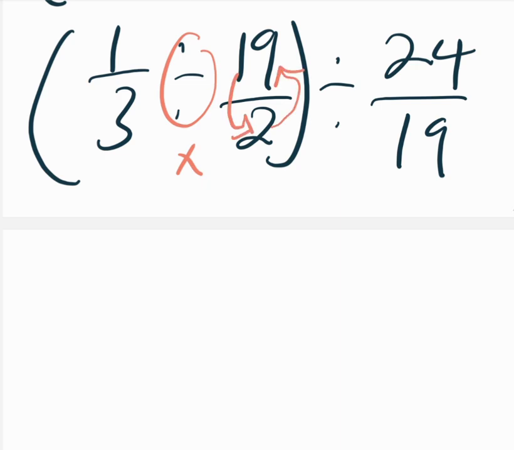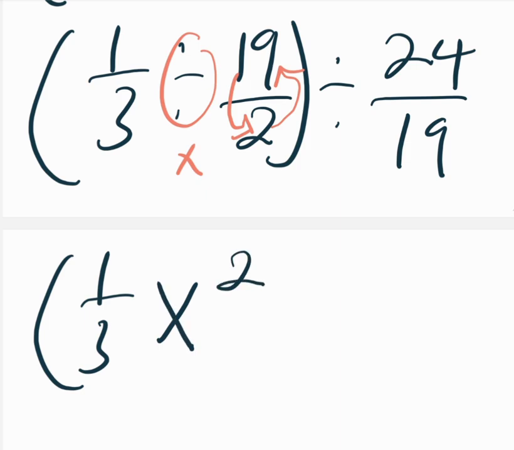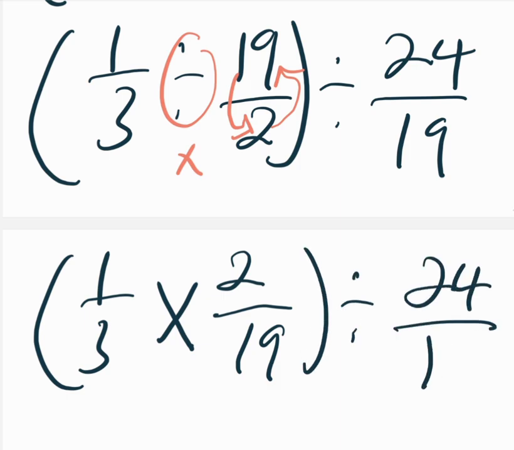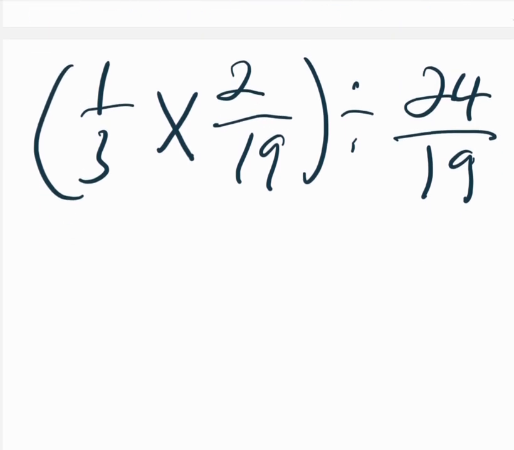So open a bracket, we have 1 over 3, multiplication sign, 2 at the top, which is the numerator, and 19 at the bottom, the denominator. Close the bracket, division sign, and you're going to have 24 over 19, right?